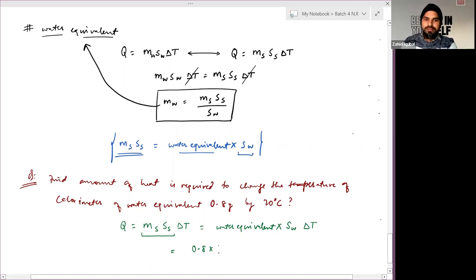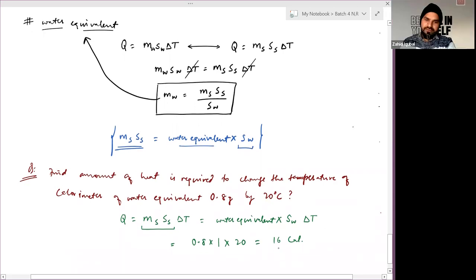Good. It should be 1 calorie per gram per degree Celsius, multiplied by change in temperature, that is 20 degrees Celsius. So if you multiply this whole part, you will get 8 into 2, that is 16 calorie. Gautam, is it clear? Yes, sir.